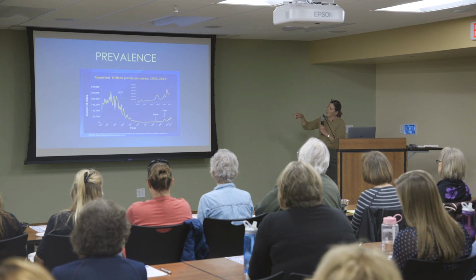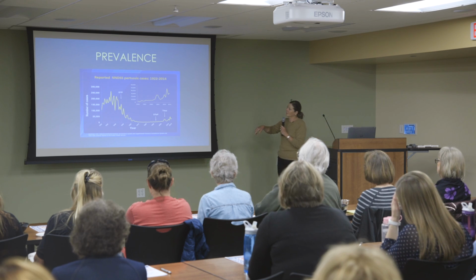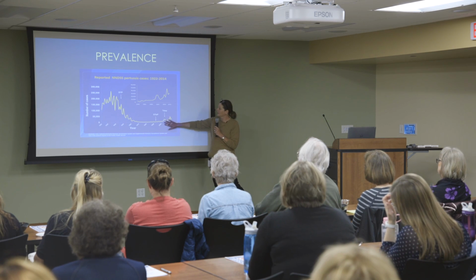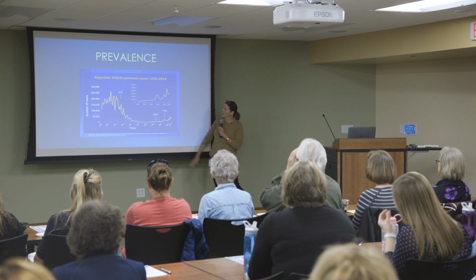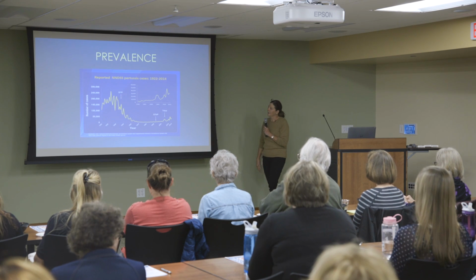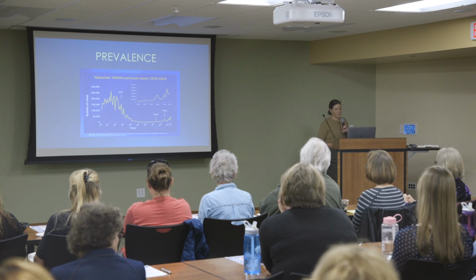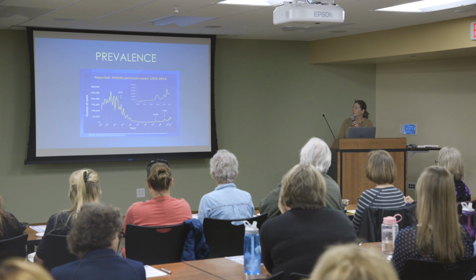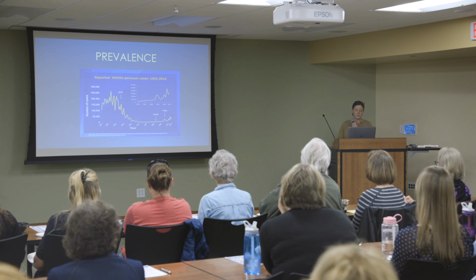The graph up on the top is just an in-depth version of this little section here, where we saw a little bit of an increase in 2004, 2005, and then also started doing the Tdap boosters. But we still have seen an increase over the last several years of cases of pertussis.